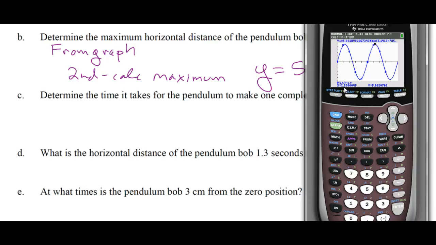So let's go over here. We already know the time, right? But, so second calc, and I want maximum again, so another max. And this time I want to go over to, should take a little while, about 3 seconds per. And I need to go to the left.